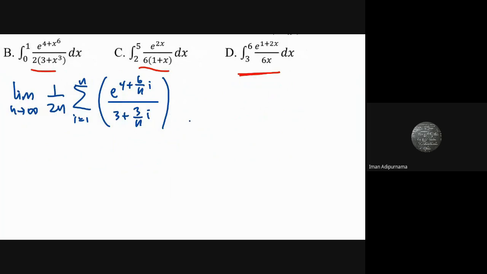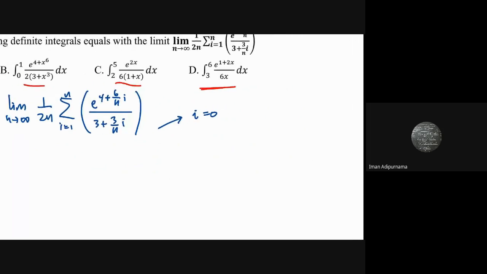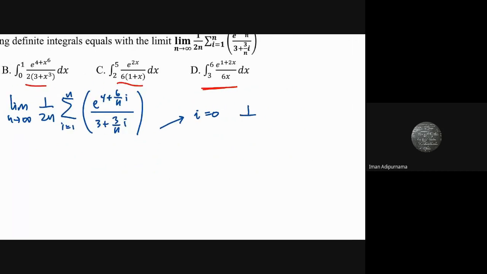So first, we can check when i is 0. This will result in 1 over 2n, and then this is e to the power of 4, and this will be 3. This will be e to the power of 4 over 6n.